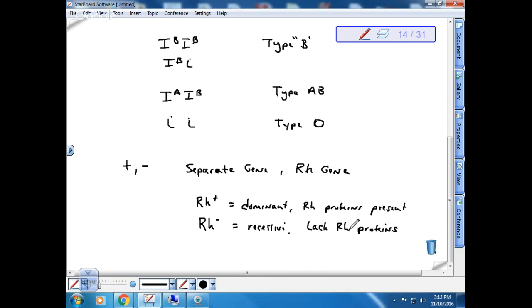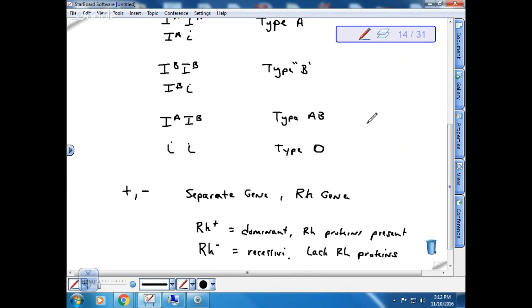Okay. So this goes back to our inheritance of more than one gene. So what would a person that is this combination be? What would be the blood type of this individual?